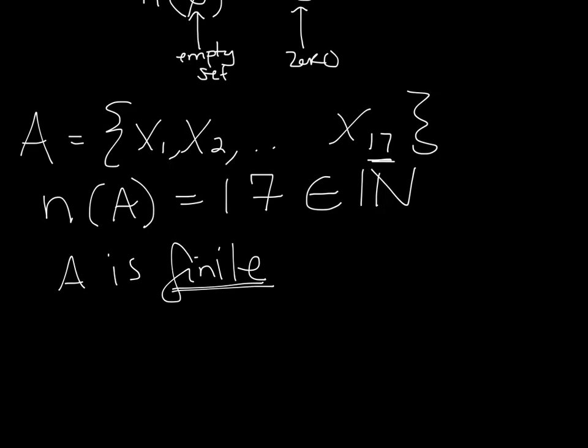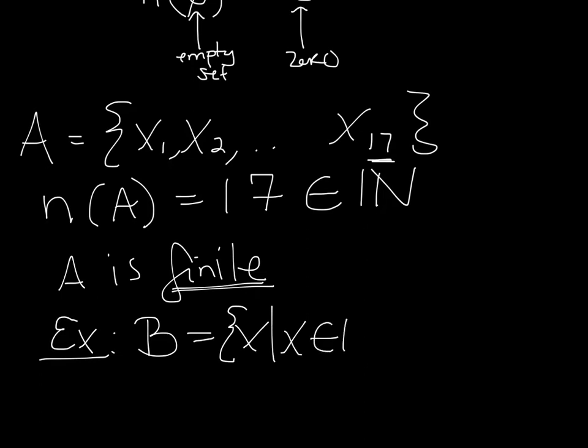If it's not finite, it obviously goes on forever. Infinite, infinity, that's where the word comes from. So let's say my set is B, and let's say I'm saying it is X, such that X is a natural number, and X is greater than, I don't know, 3.